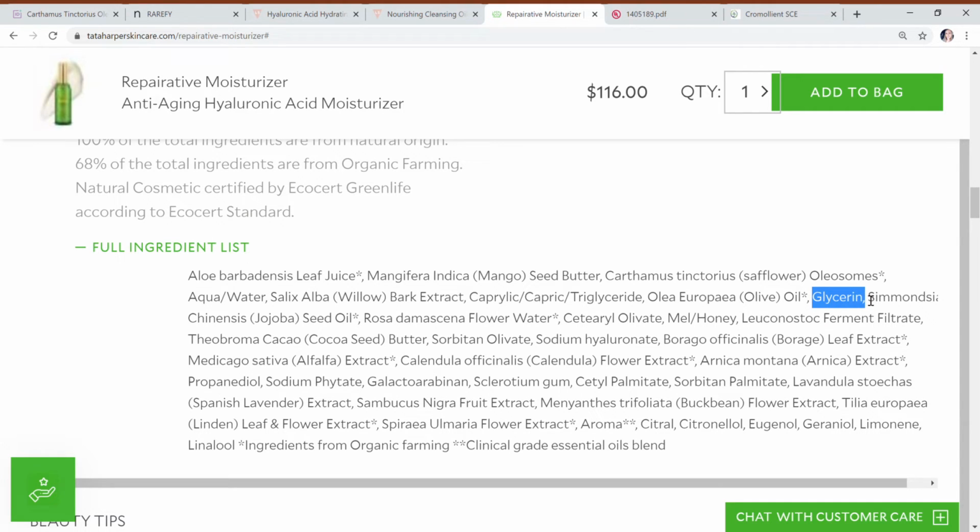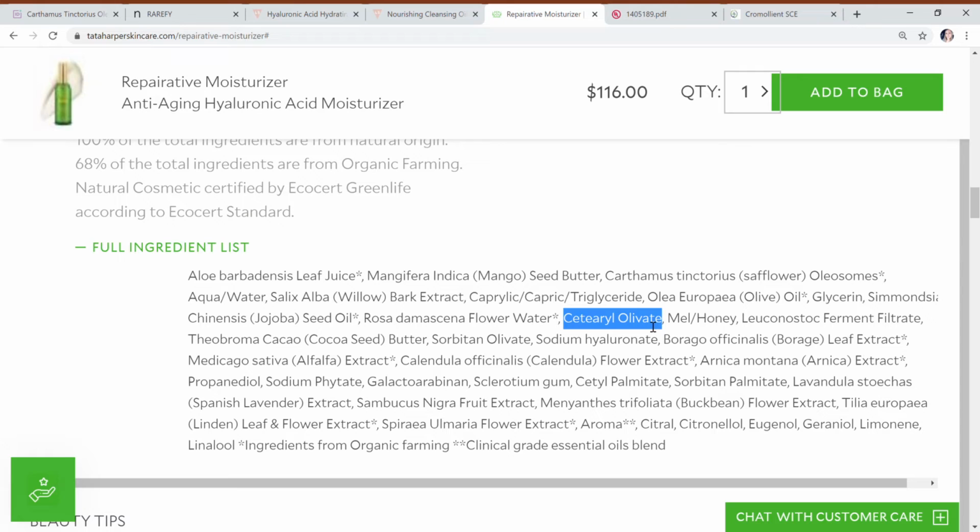Then we have glycerin here. This is probably not added. It's probably part of the extracts. And then next we have jojoba seed oil. And then we have rose flower water. And then after that we have this chemical name here, cetyl olivate.